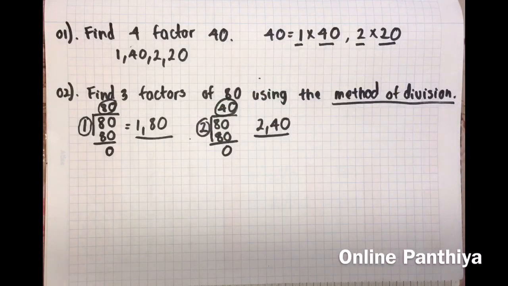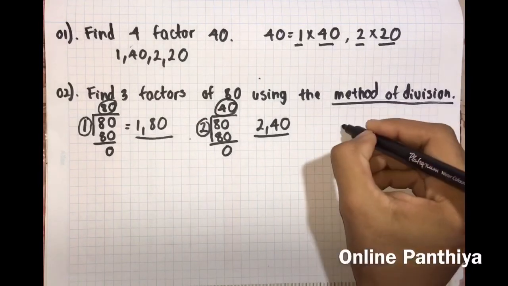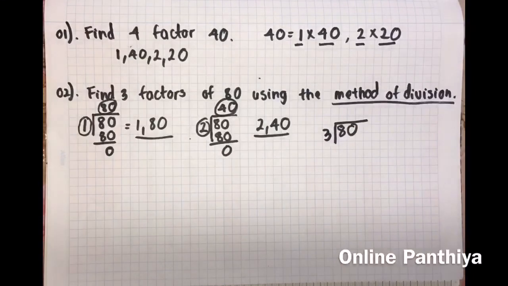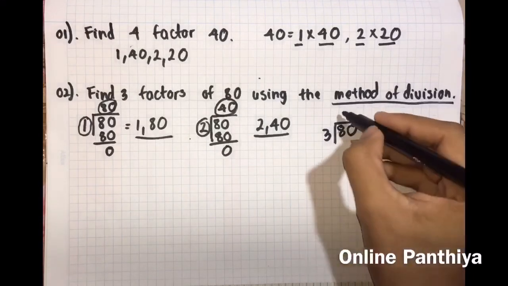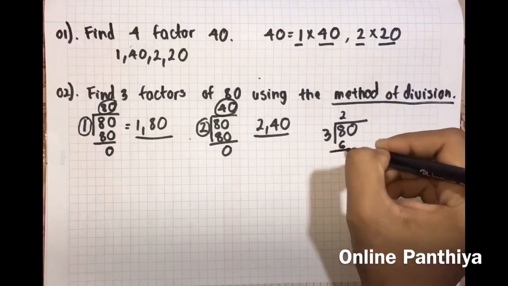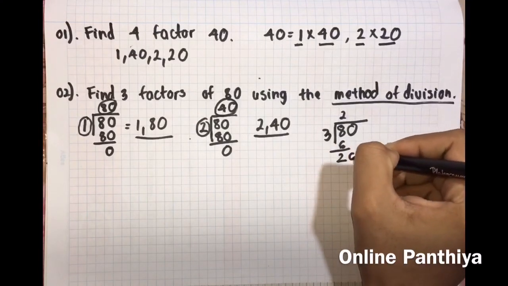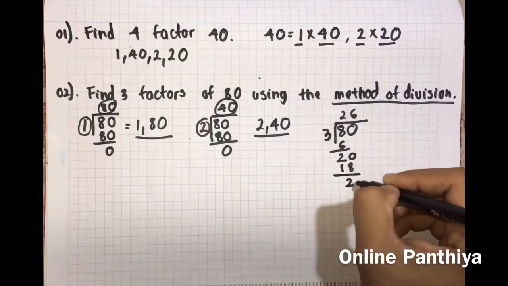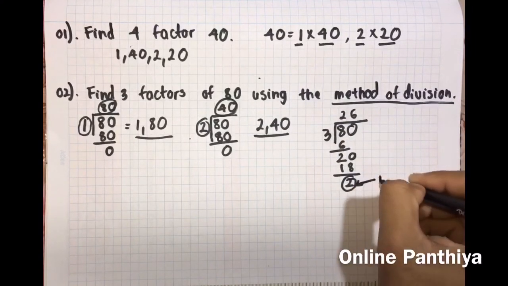Clear? Okay. Now say, for example, you are going to check by dividing it by 3 also. Okay, now let me start. How many 3's are there in 8? 2. 3 times 2 is 6. So you have 2, remainder 2, and 0 comes down. 6 times 3, 18. Balance is 2. That means there is a remainder 2.